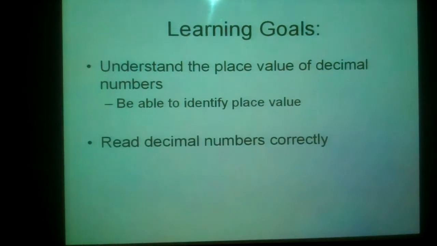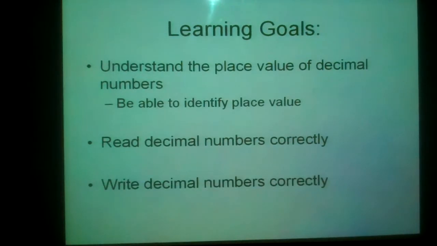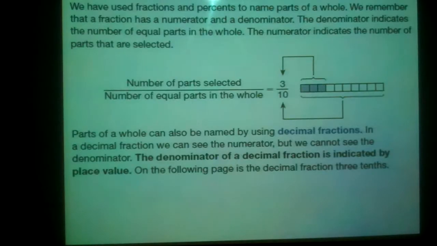We also want to be able to read these decimal numbers correctly, and also write these decimal numbers correctly. And obviously, when we're doing arithmetic with them, adding, subtracting, multiplying, dividing, we want to know what to do with them in those situations too, which we've already covered a little bit this year.